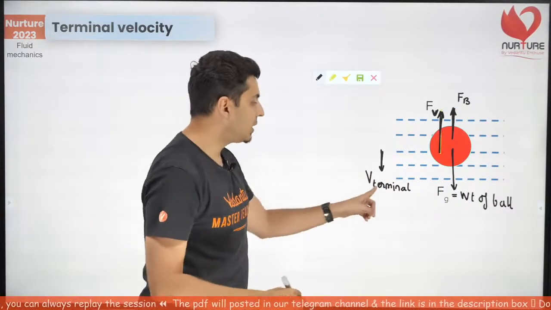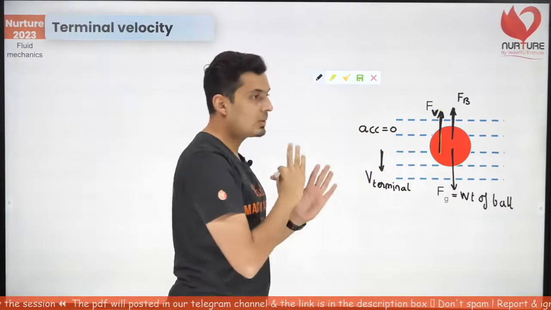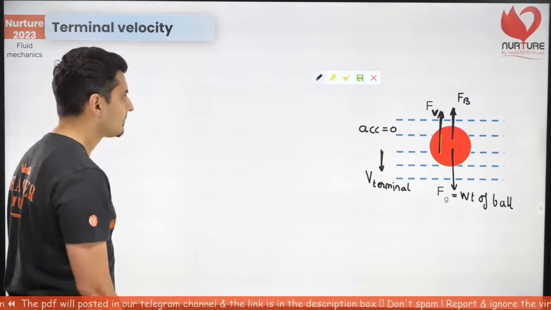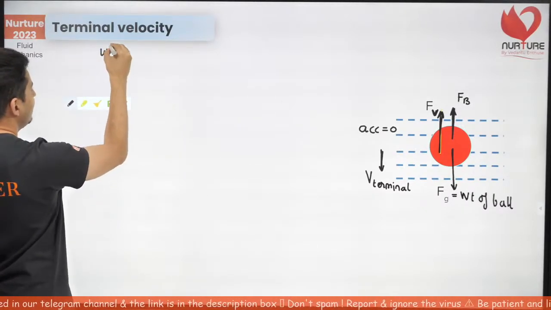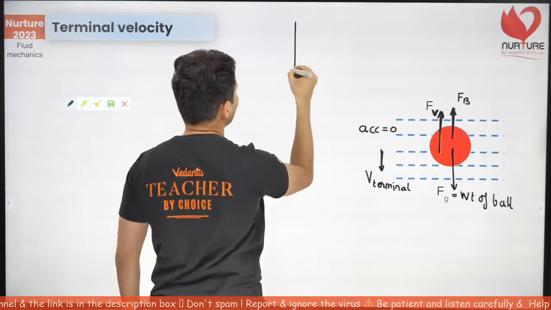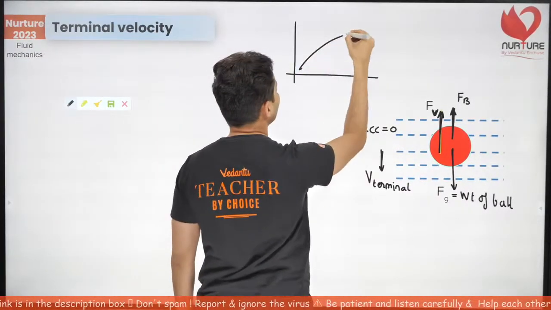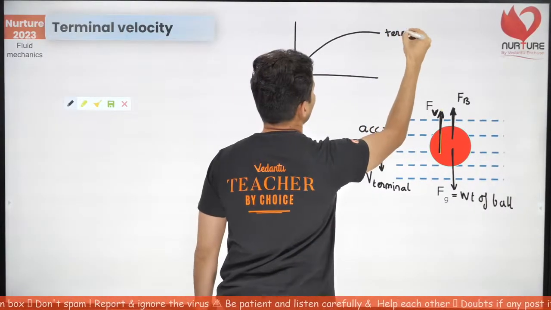Eventually, when the velocity is terminal, the acceleration will be 0. It will stop accelerating. So, can I say when, okay, I will just make a graph over here. This is how the velocity will increase and it will become stagnant. This is basically your terminal velocity.